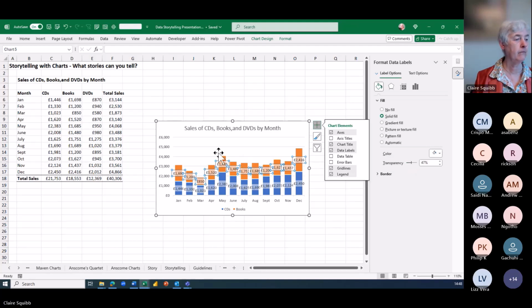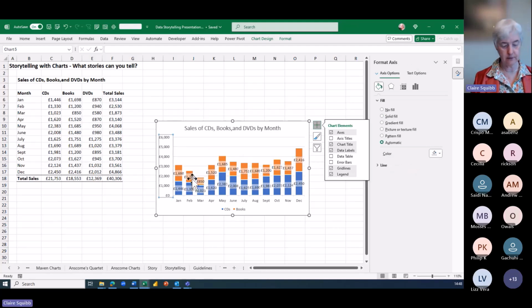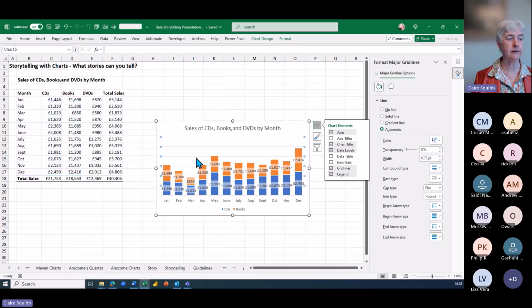That'll do. And if you do that, then you don't need the axis and you don't need the grid lines.